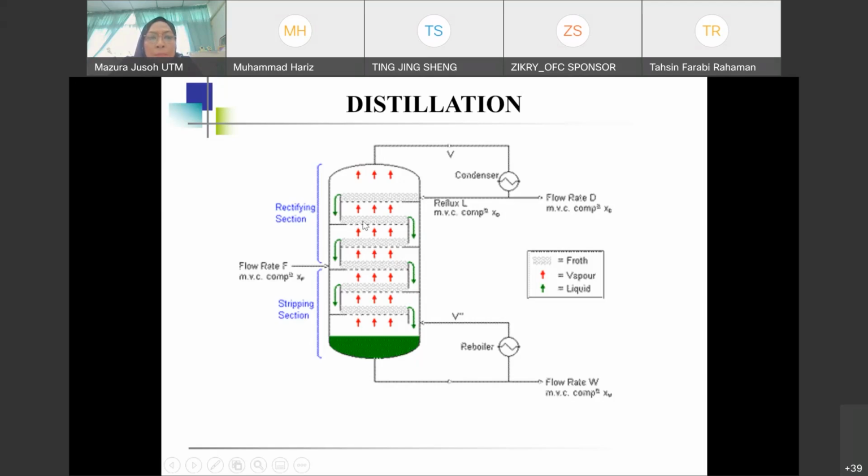Okay, the section above the feed plate or the feed tray is called the rectifying section, and the section below the feed tray is called the stripping section. The stripping section will have a few trays, and the rectifying section will have a few trays in it as well.